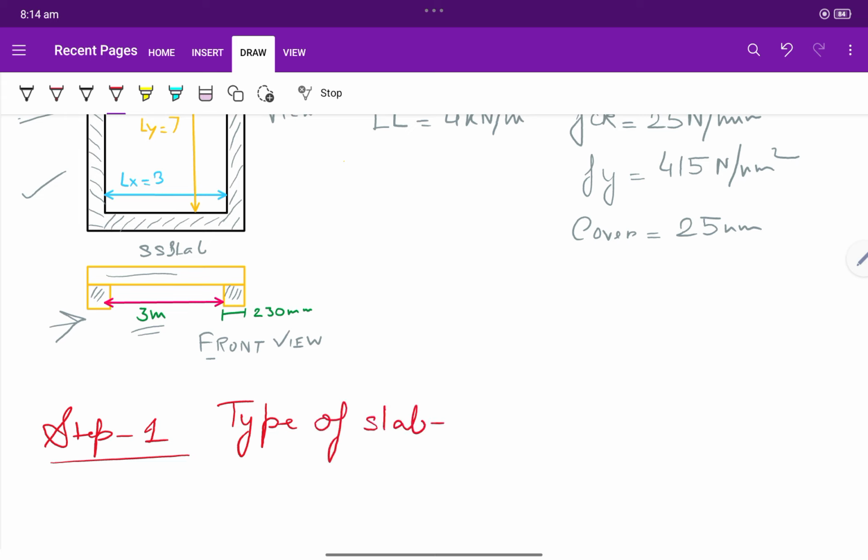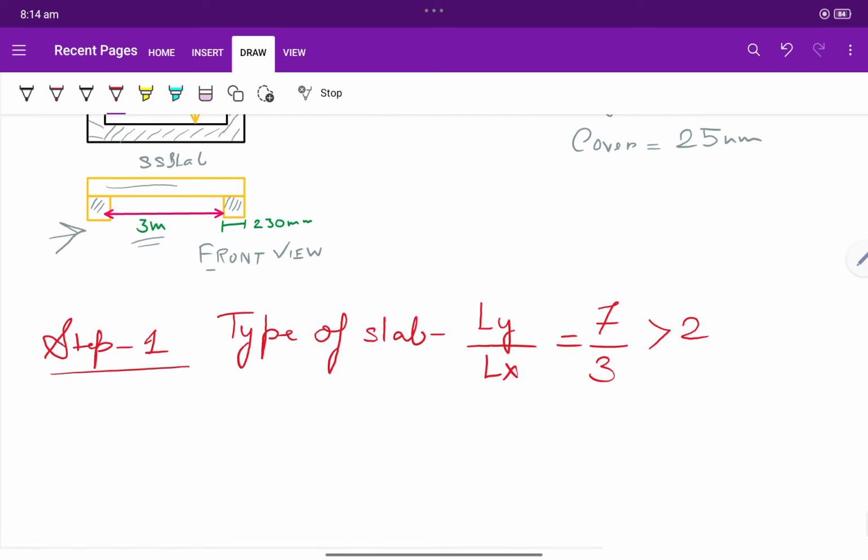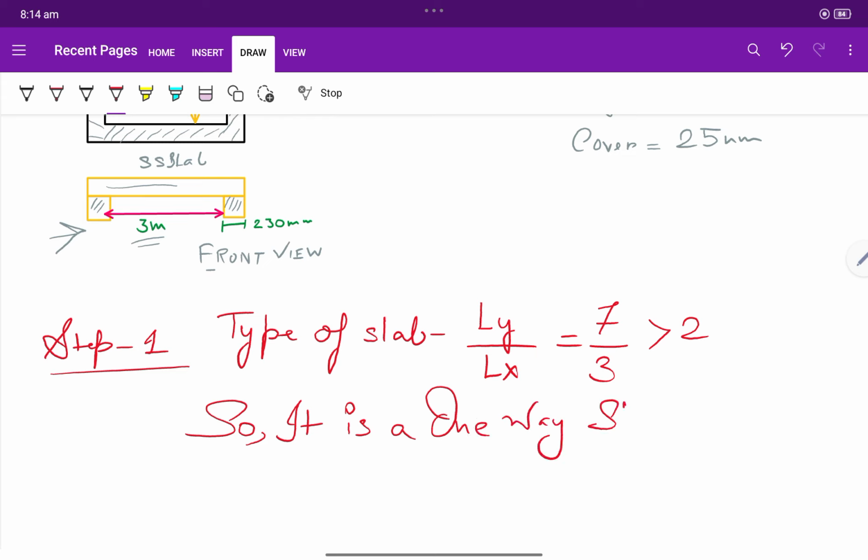Ly by Lx: the greater side is 7, the smaller side is 3. If you divide 7 by 3, the value is coming greater than 2, about 2.3. So hence it is a one-way slab. Okay, so the first part is done.